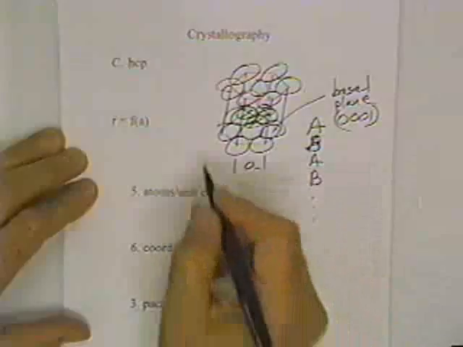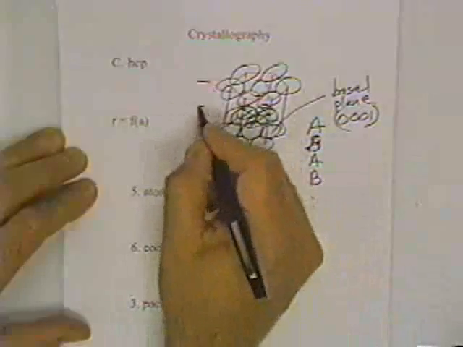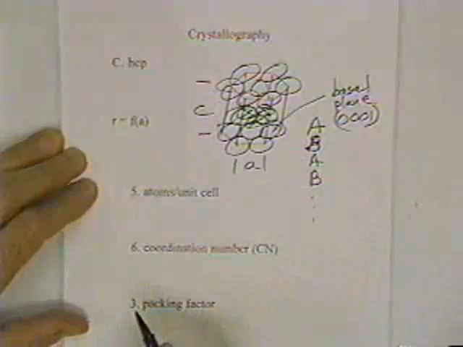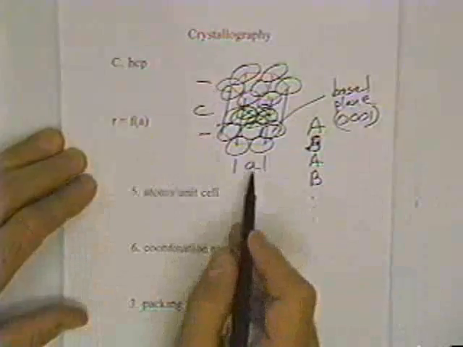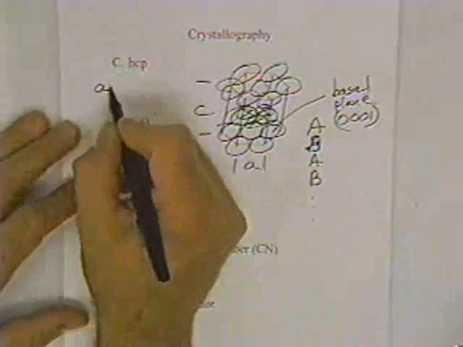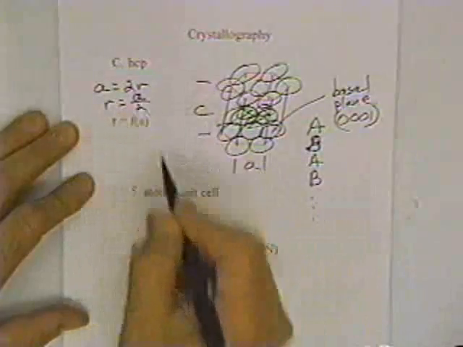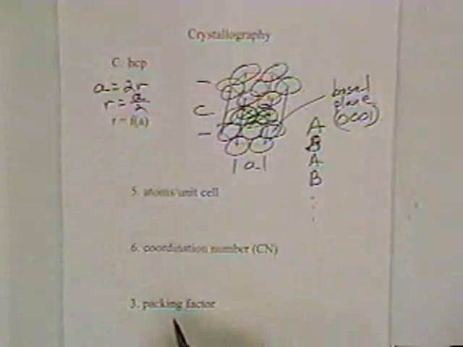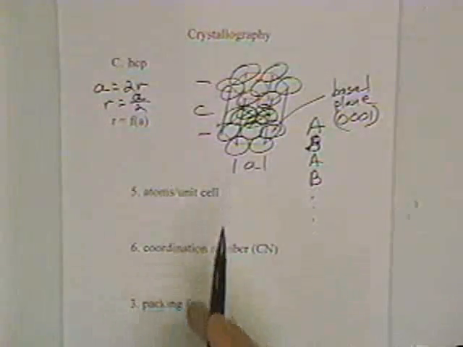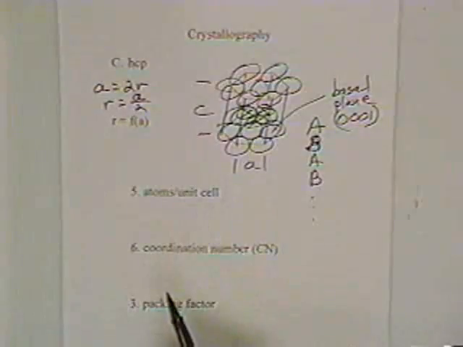The unit cell dimensions are A, and now we need a second dimension C, because it's no longer cubic. A is equal to 2r, so r is equal to A over 2. And if they're perfect spheres, the C over A ratio is 1.63.